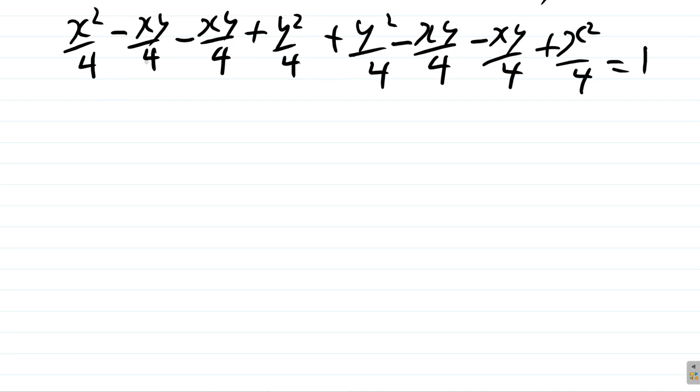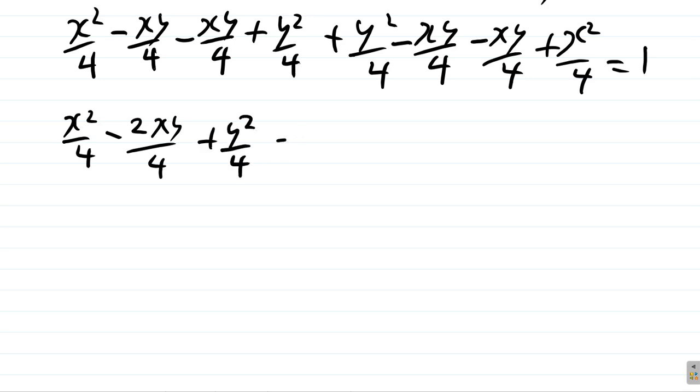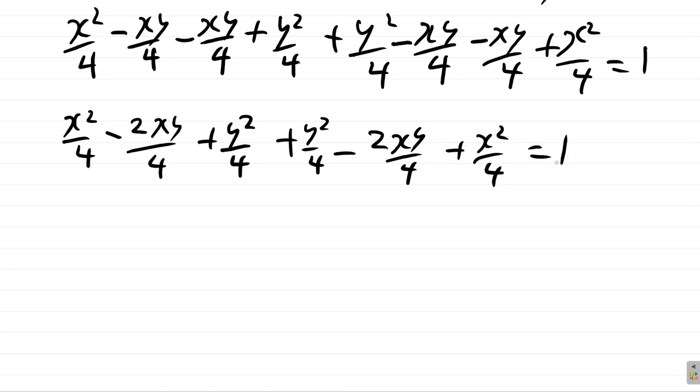Alright, so let's continue. So we have x squared over 4 minus xy over 4 minus xy over 4 gives a minus 2xy over 4 plus y squared over 4 plus this y squared over 4, negative xy over 4 minus xy over 4 is negative 2xy over 4 plus x squared over 4 equals 1.